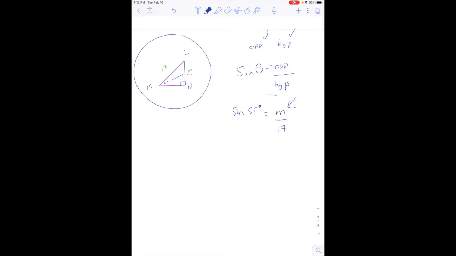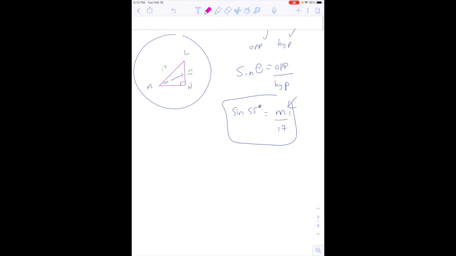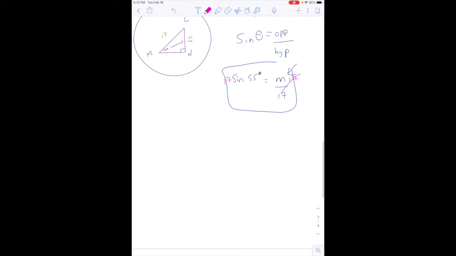Now, we're looking for letter M. But right now, we're dividing M by 17. So we have to undo dividing by 17. So how do you undo dividing by 17? Well, we have to times by 17 on both sides. So in this case, M is going to be equal to 17 times the sine of 55. The sine of 55, I punch it in, I'm in degree mode, is 0.82.